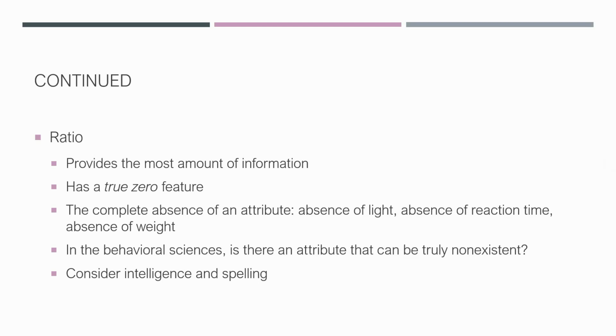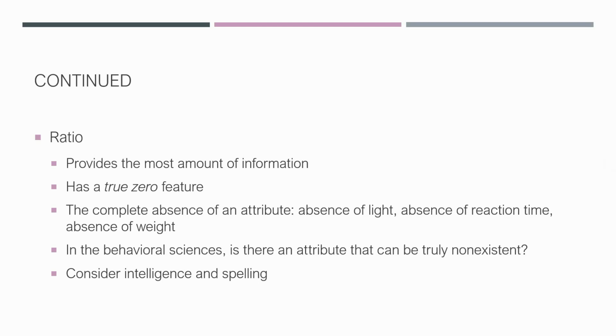To the author in the book, in the behavioral sciences, there is no behavior that is exactly 0, or there is no behavior that is truly absent. The examples that the author of the textbook brings up are intelligence and spelling.